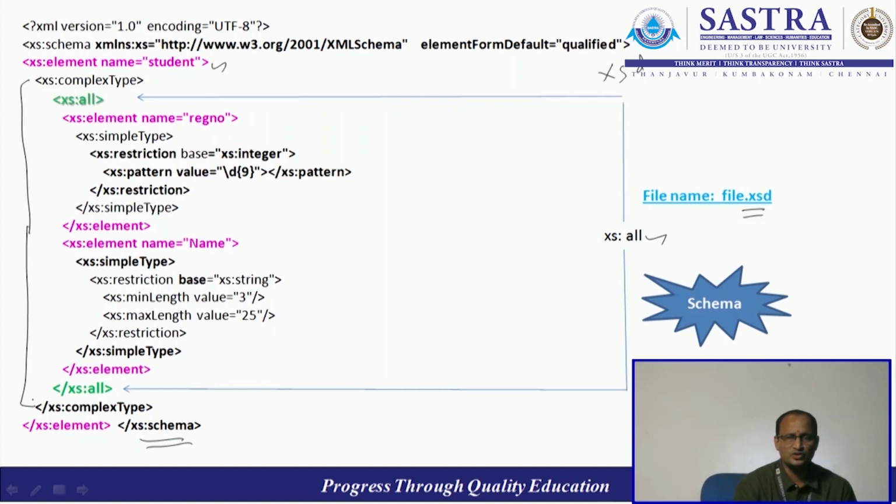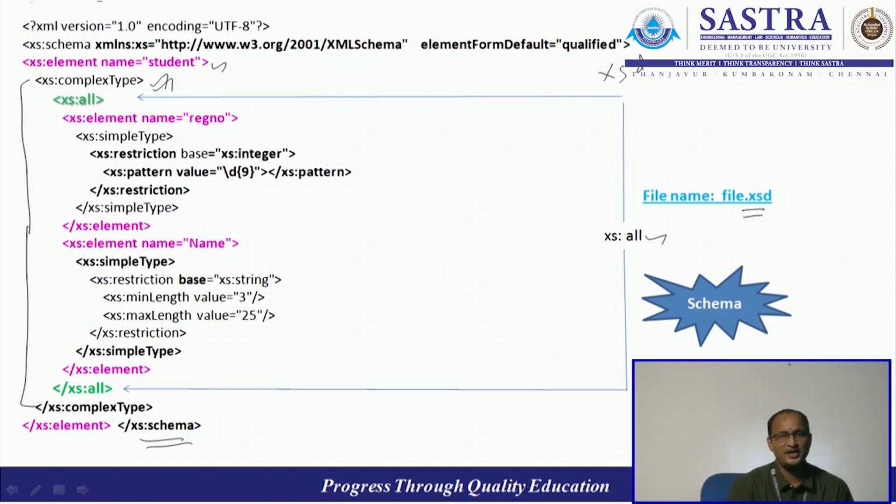If the element is carrying child elements, attributes, sometimes an empty element, or a child element which is carrying text as well as attributes and child elements, that is complex type. In the sense we should go for only complex type. I can say all XML documents will be complex type. There is no simple type document. Even if we have created a simple XML file, the file will be complex type.